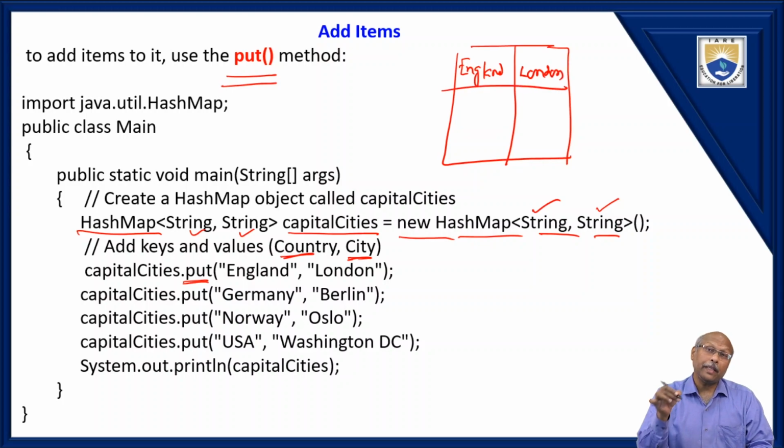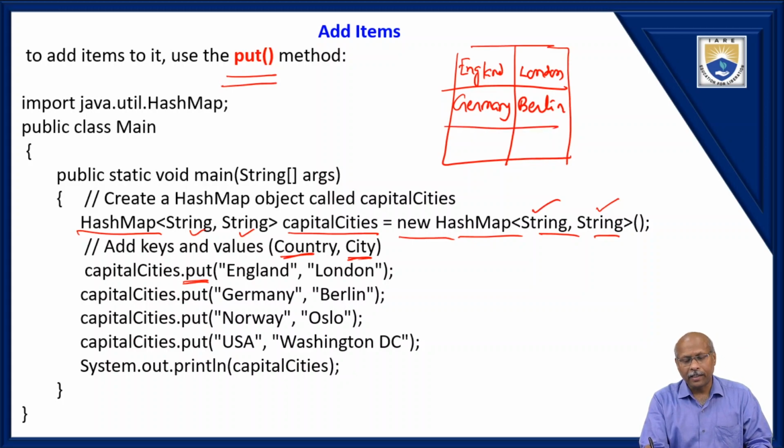That means whenever I give England, then I will get London. That means what is the capital city of England? The capital city is London. Similarly, if I give Germany, I will get Berlin. That means the capital city of Germany is Berlin. So Germany is my key, the value is Berlin.